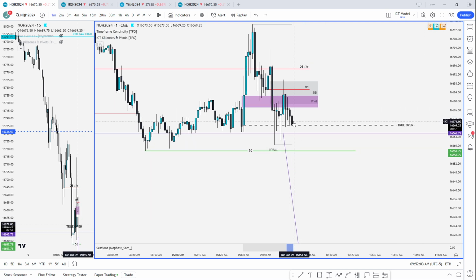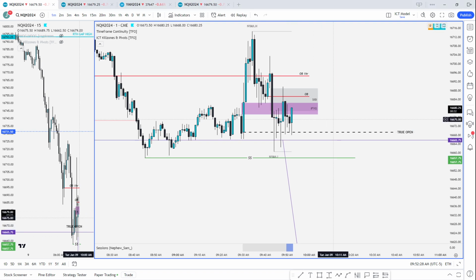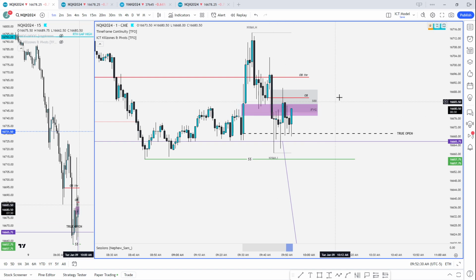Now this kind of down closing candle is nice. We want to see another one close all the way below, preferably this wick in here. Order filled. Order submitted. So watch how this IFVG holds.